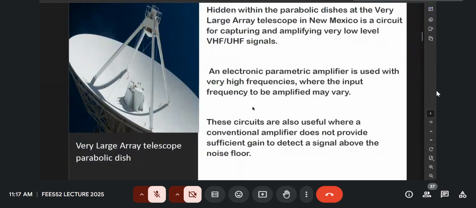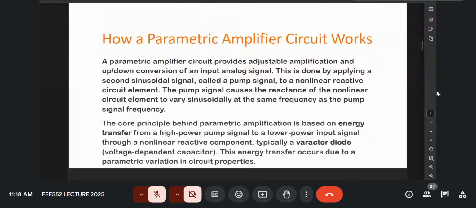The main advantage of the parametric amplifier is that it can amplify very low level signals with as little noise as possible, compared to other conventional amplifiers, such as the transistor-based op-amps and the vacuum tube amplifiers.